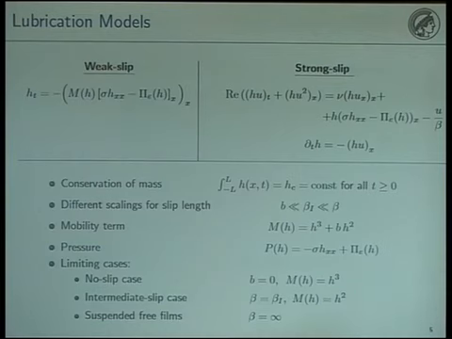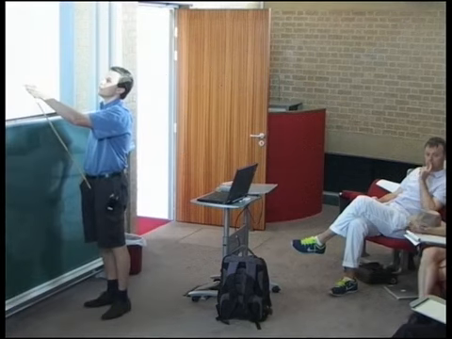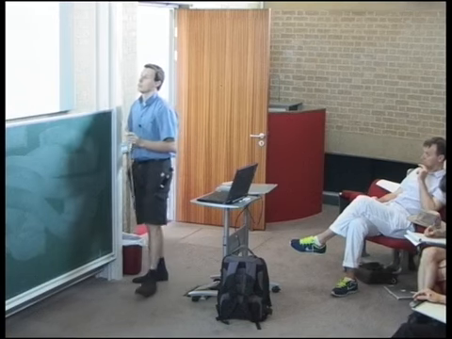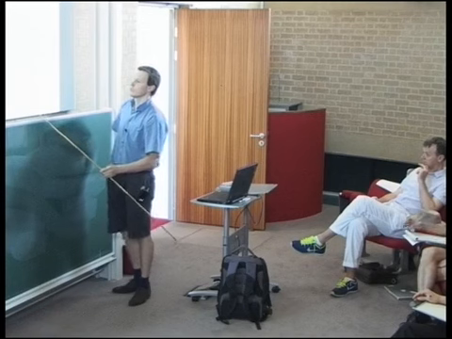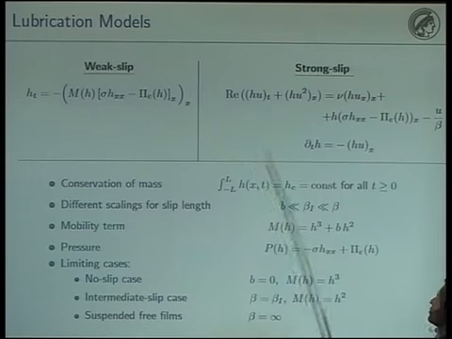And between these two regimes, one can find a so-called intermediate model, which corresponds to either taking b to infinity in this model and appropriately scaling time in this limiting process, or taking beta to 0 in this model and also appropriately scaling time. Then you arrive at the intermediate slip case with mobility h squared.